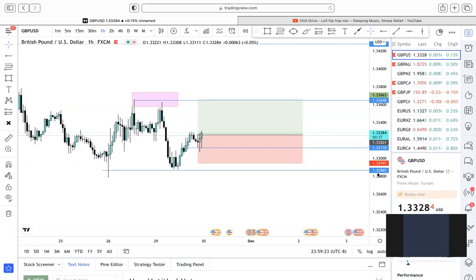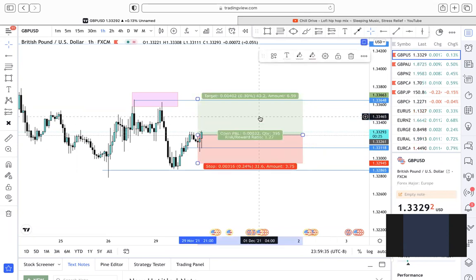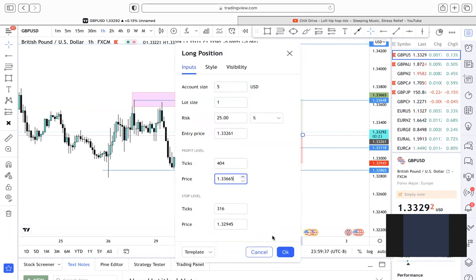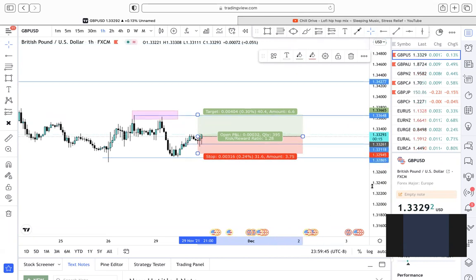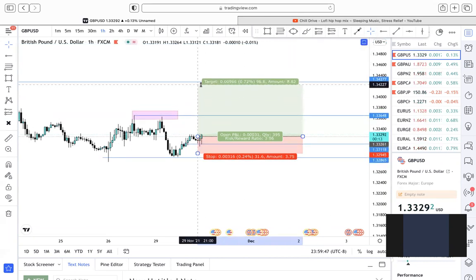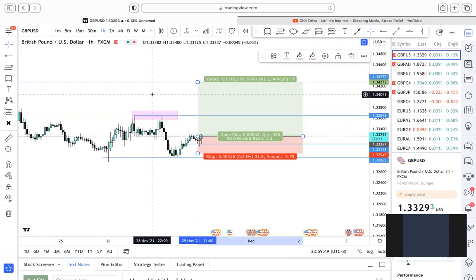So take profit one is going to be at 1.33665, which is 40 pips. And take profit two, it's going to be up here at 101 pips.